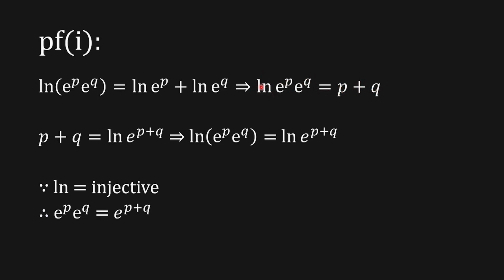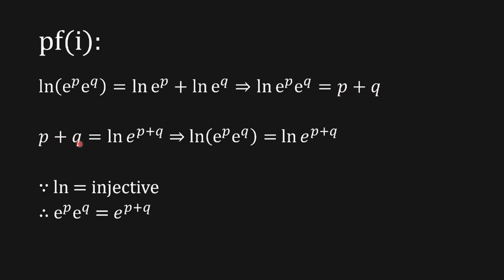Because the natural logarithm is canceling out with the e, since they are inverse functions. If you go back to the definition, ln of e to the x is supposed to give back x. So this should give back a p, and this should give back a q, which it does. It gives p plus q.